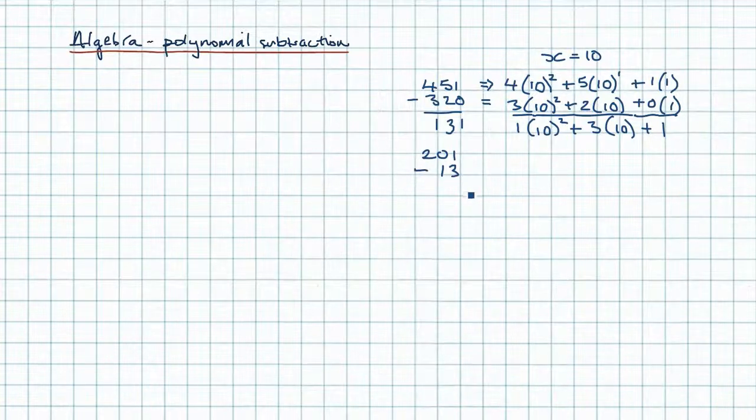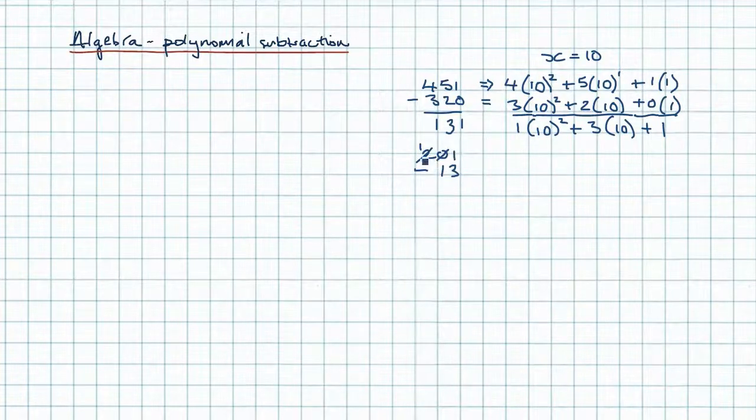This is when we would run into borrowing, and this is really what I wanted to show you. So 3 from 1 doesn't go, if we're using the standard algorithm. So we would have to borrow all the way from over here, so that becomes just 100.